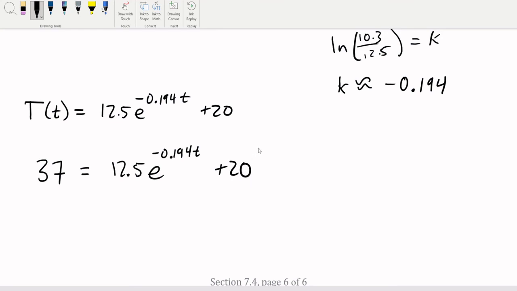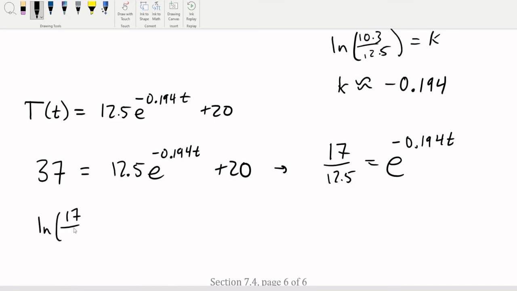So let's solve. Okay, you're going to move the 20 over, divide. So this will give us 17 over 12.5 is e to the kt. Log both sides. So that'll be log of 17 over 12.5. That'll cancel with the e and then we divide.